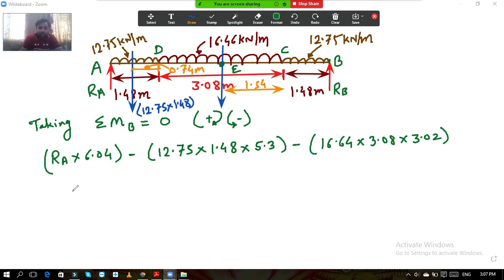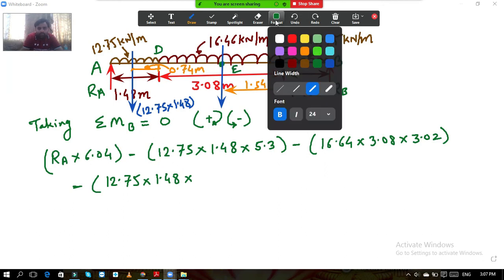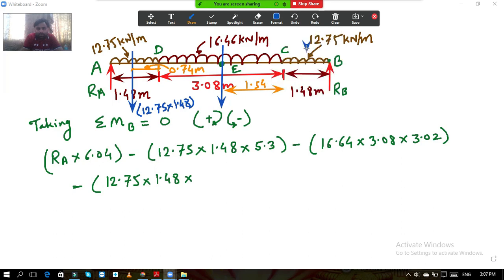Okay. Again minus, it is 12.75 into 1.48 into, now if this is converted into the point load, this UDL will act somewhere here.